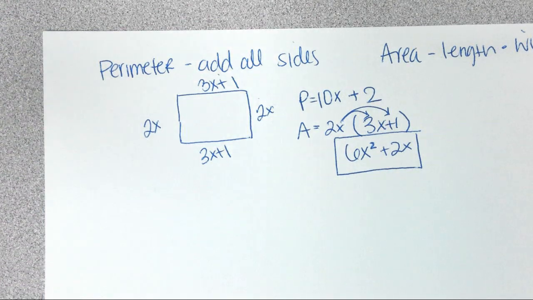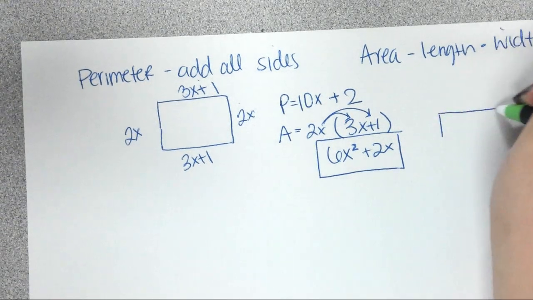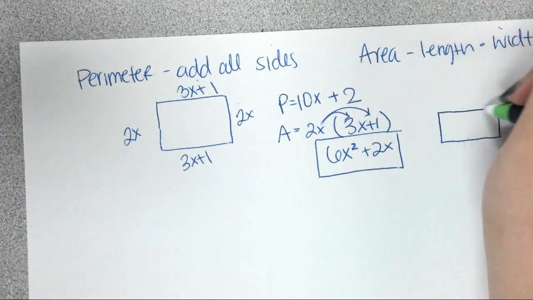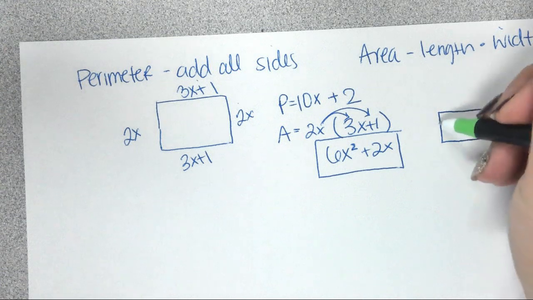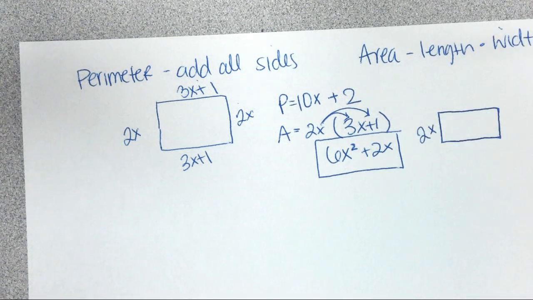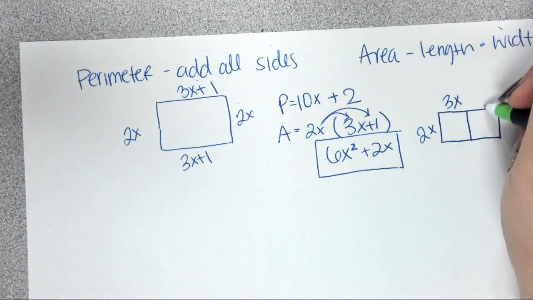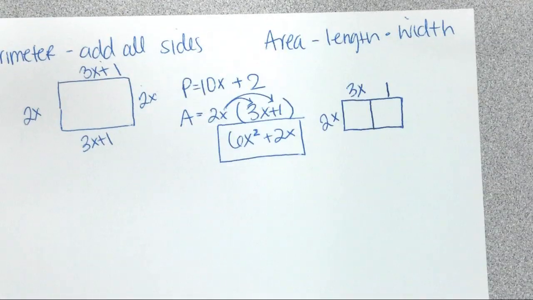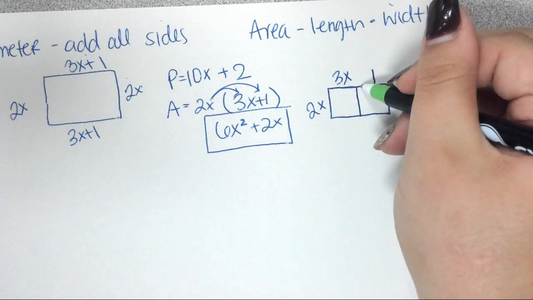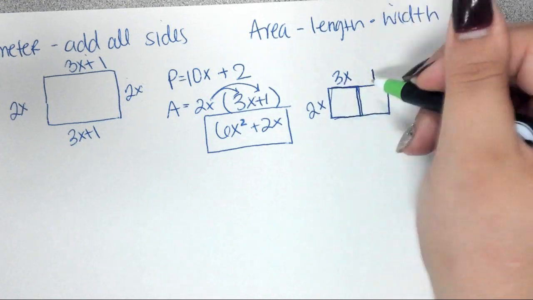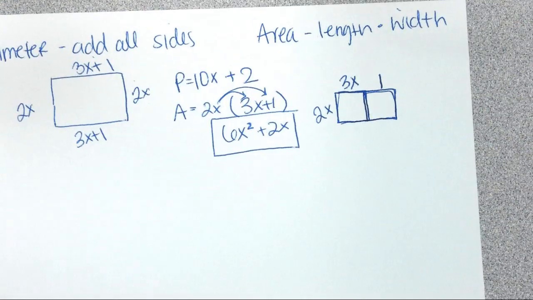Okay? Something that I didn't show you, but I do want to show you, is that technically I could split these up, and I could say this has a length of 2x, and this has a length of 3x, and this has 1. So technically I could find the area of each of these individual boxes.